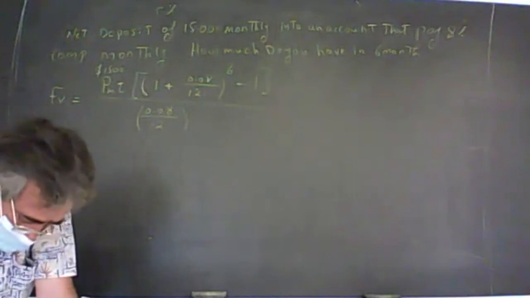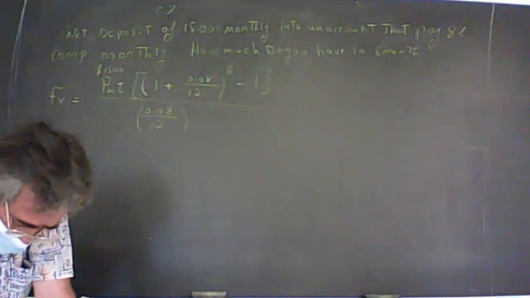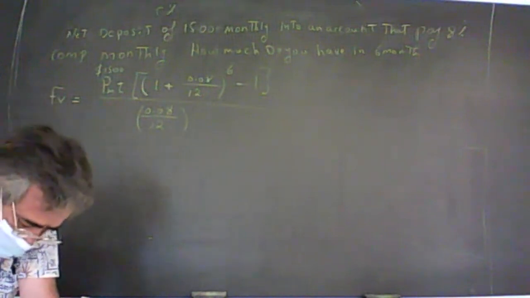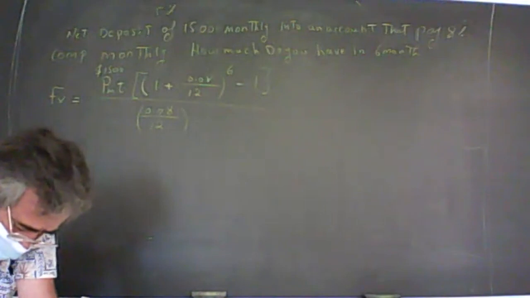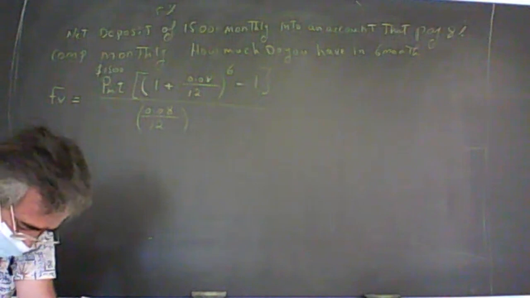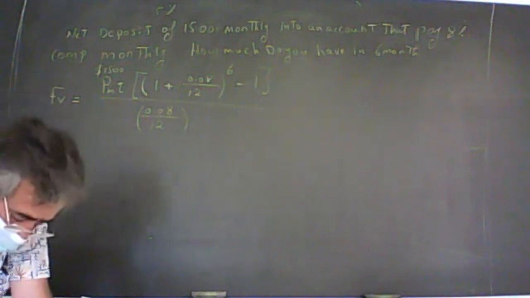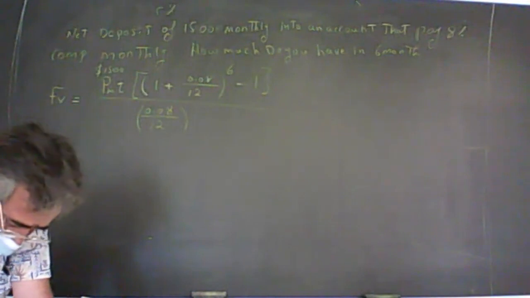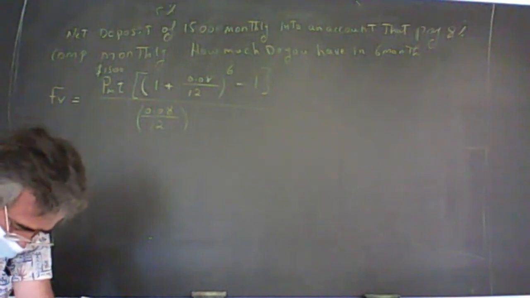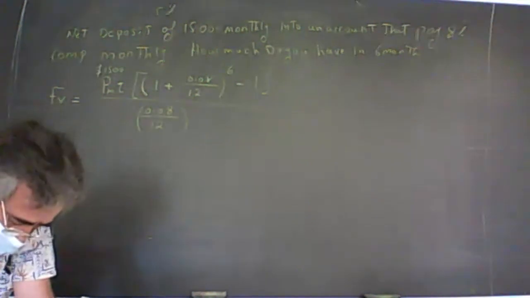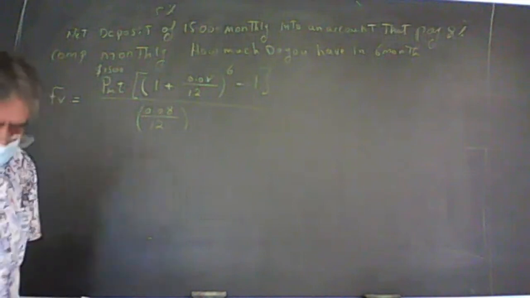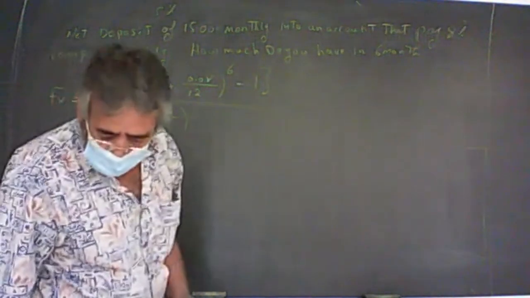So we have, let me clear that, 1500 parentheses 1 plus 0.08 divided by 12 to the power of 6 minus 1, divided by 0.08 over 12. It should give me $9,151.34.